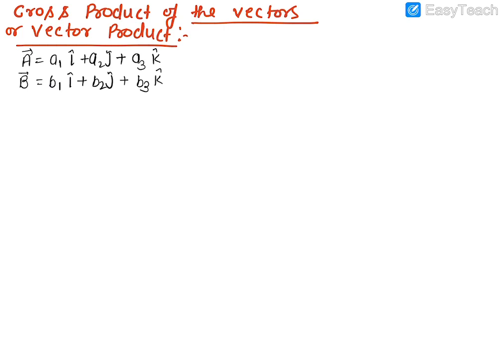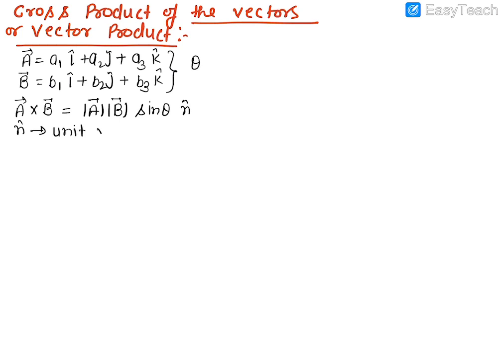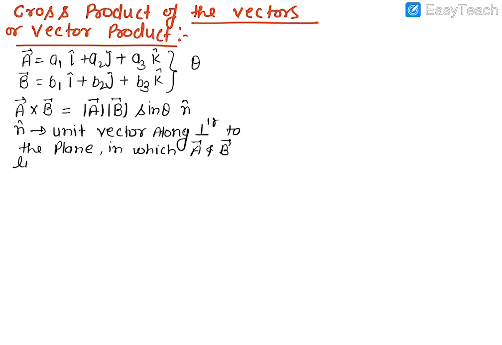Now if the angle between these two vectors is theta, then the cross product a cross b of these two vectors is mod of a, mod of b, into sine theta into n cap, where n cap is the unit vector perpendicular to the plane in which the a and b vectors lie.